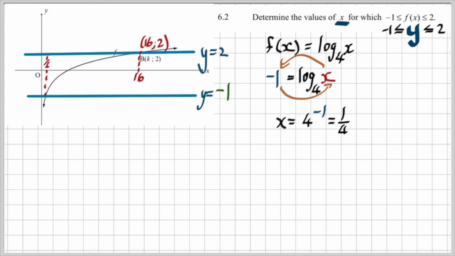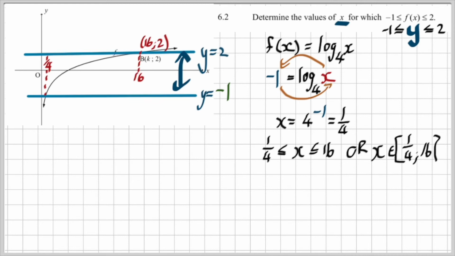Let's write this in on a sketch. So the question is, where is the y values between 2 and negative 1? So this means the x values as well must be between a quarter and 16.